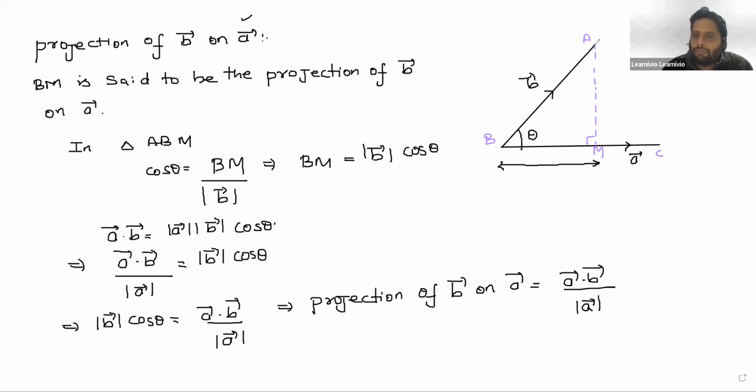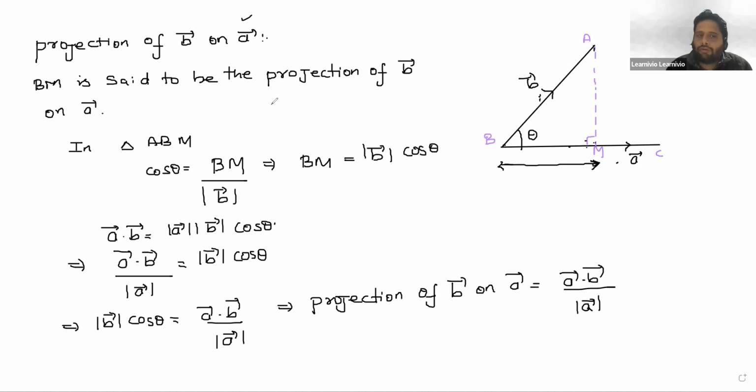If from this point A you draw a perpendicular, then BM is said to be the projection of B on A. You have two vectors, you're finding the projection of B on A, so draw a perpendicular from here to here, and this is called the projection of B on A. Is this definition clear? Yes, sir. Now we need to find the value of BM.